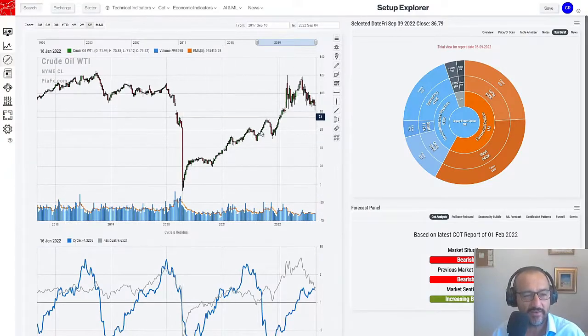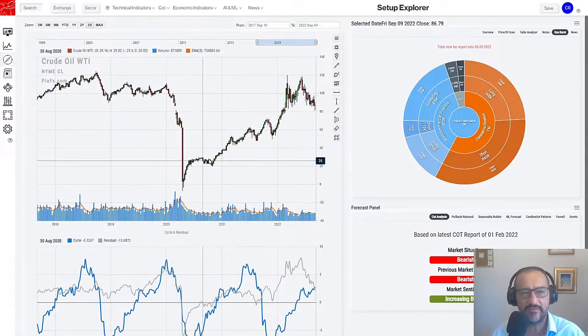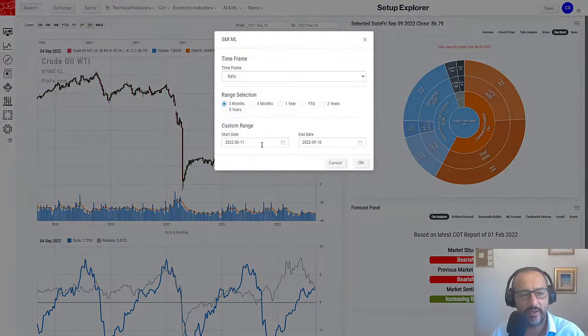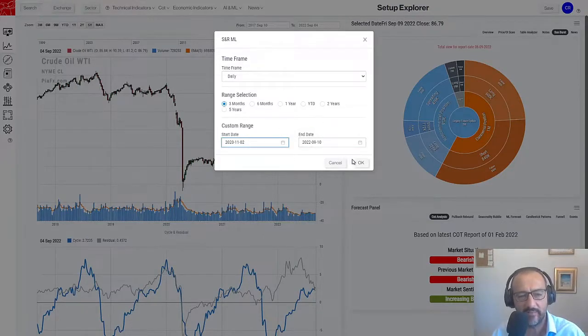So I don't want to consider this event. I want to start from, for example, this point, the 1st of November 2020. I input the year 2020, November, starting from Monday, until the last day.